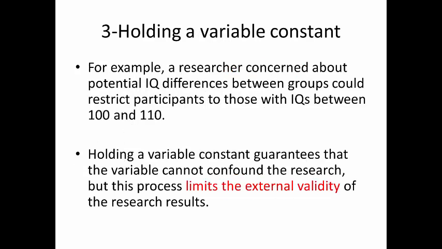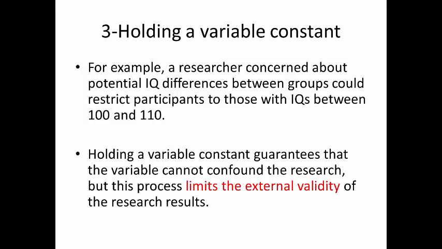etc. And the third one is holding a variable constant. Holding a variable constant means that you work on a specific range of variable that you are worried about being a confounding variable. For example, if you think IQ might be a confounding variable, you limit IQ to a very limited range.